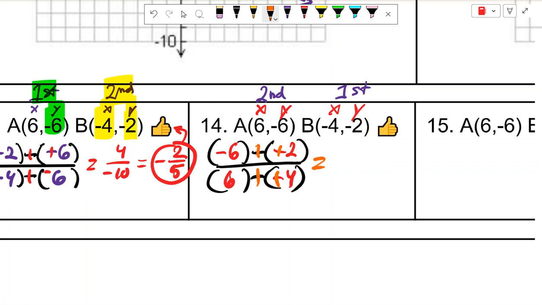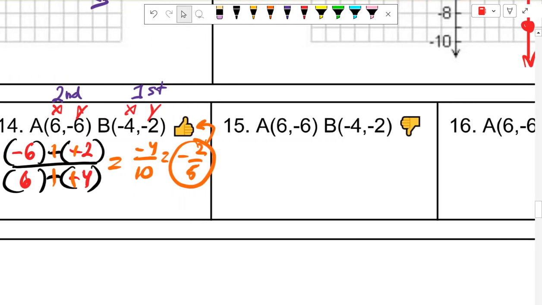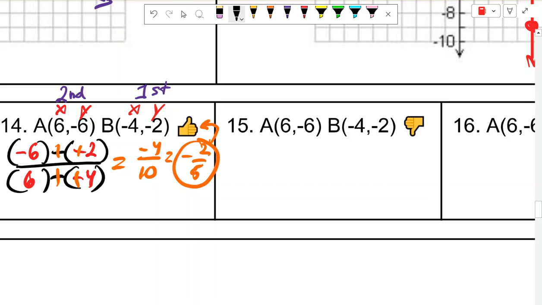Now, if we do our math straight across, -6 plus 2 is actually -4. And 6 plus 4 is actually 10. And that simplified is -2/5 again. So you can see it doesn't matter which 2 points you use, you just got to make sure you're putting them in the right positions. If you don't, this is what's going to happen to you. A thumbs down. Let's mix it up.